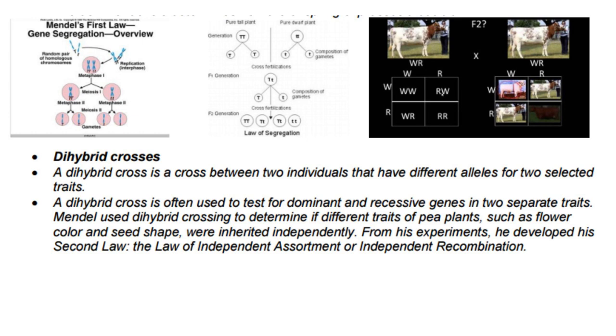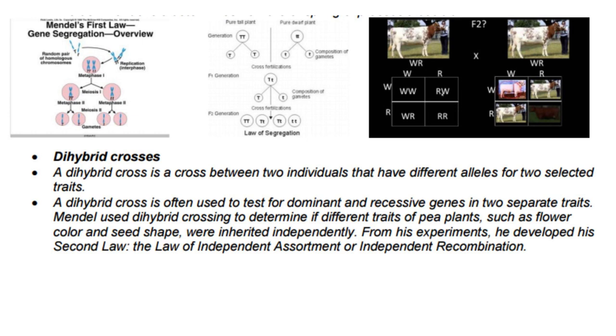Dihybrid crosses. A dihybrid cross is a cross between two individuals that have different alleles for two selected traits. A dihybrid cross is often used to test for dominant and recessive genes in two separate traits.